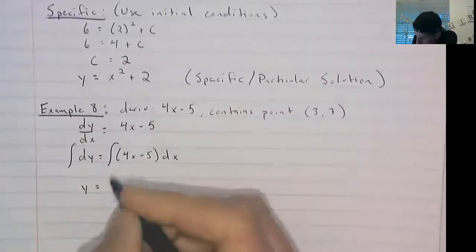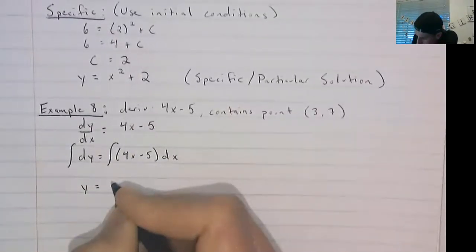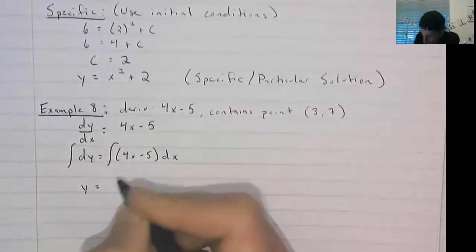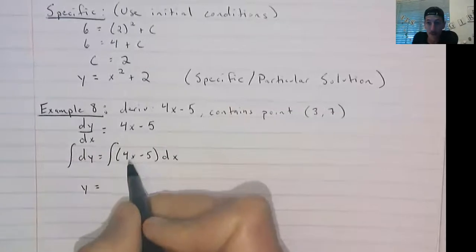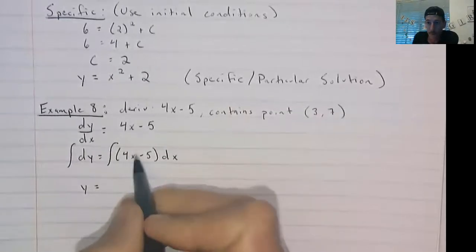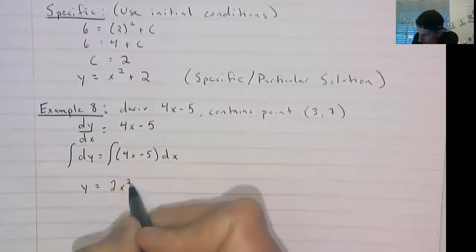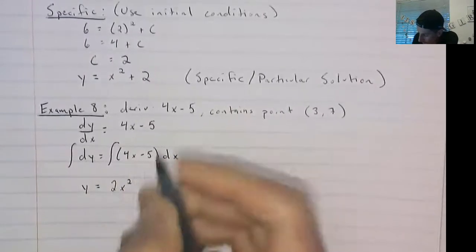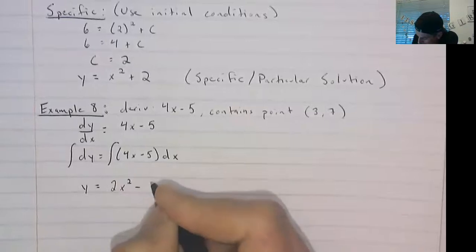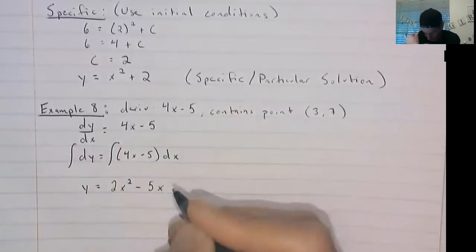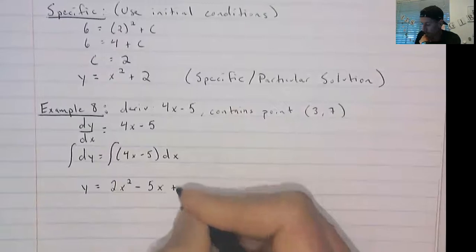Over here, are we going to show this step by step? No, we're going to start to be savvy. If the derivative of something is 4x, then that thing is probably 2x squared. Quick check: that becomes a 4x. And then this is minus 5x plus c.